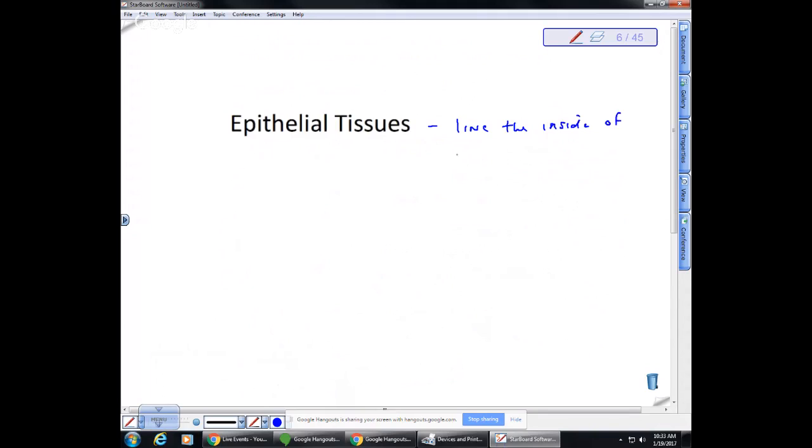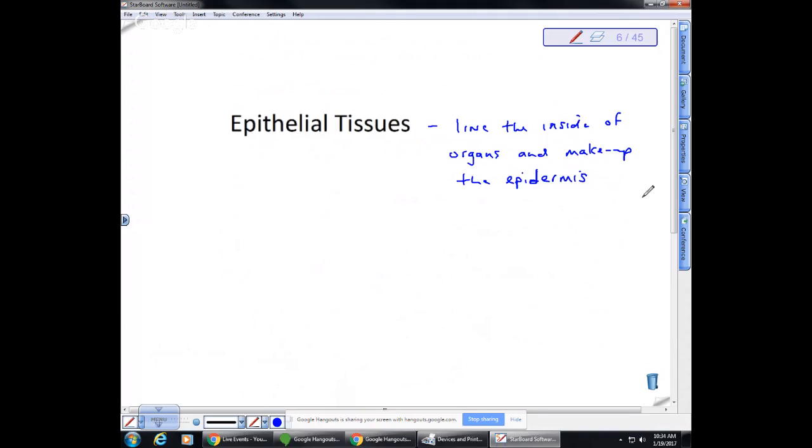Inside of organs. The outside I was thinking of was the skin. And make up the epidermis. And the epidermis, dermis means skin. And so this is the outermost layer of the skin. That's a D. Epidermis, that's the outermost layer of the skin. And deep to the epidermis is the dermis. So the epidermis is actually upon the dermis.